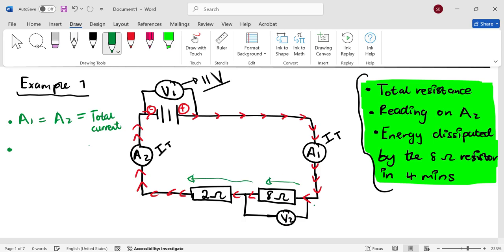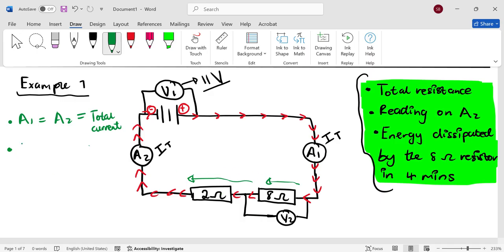I really hope you guys can see that, because like I said, current can only differ once there is a split in the circuit. And in this particular case, there is no split in the circuit. Thus, the current through the 8 ohm resistor is equal to the current through the 2 ohm resistor. I hope you guys can see that.